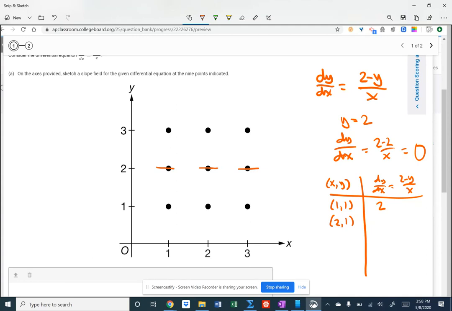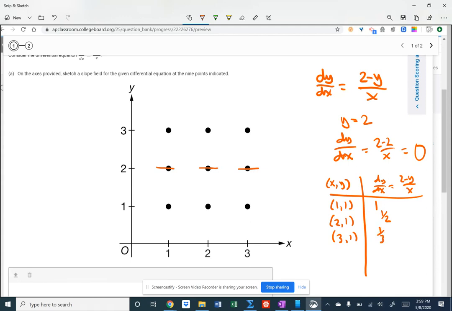When I plug in 1, 1 to the first one, 2 minus 1 is 1 over 1, which is going to be 1. I'm going to get 2 minus 1, which is 1 over 2 for the second one, so 1/2. And when I plug in 3, 1, I'm going to get 1/3.